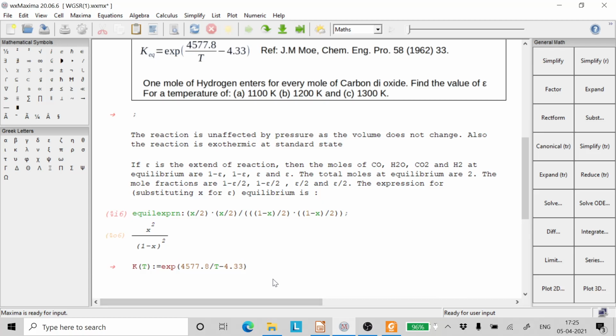There we go. So we enter the expression. To enter the expression in Maxima, you press shift and press enter.